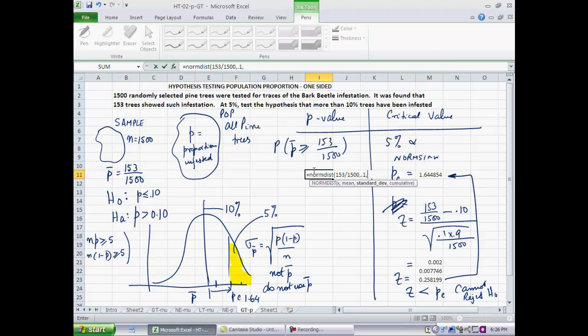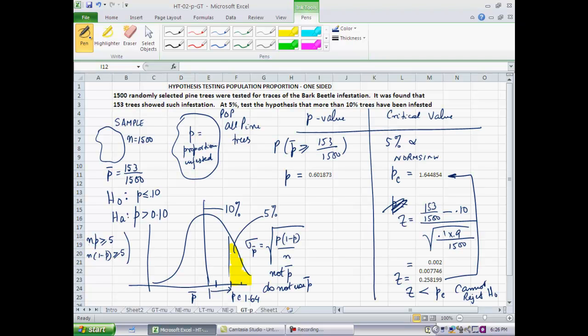And the standard deviation, what is the standard deviation of the sample proportion? That is simply square root of 0.1 times 0.9 divided by 1500, with a cumulative of 1. So I end up with a probability of 60%. So there is a 60% probability. So my p-value is 60%.